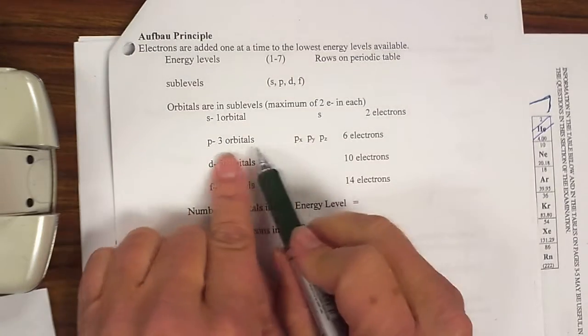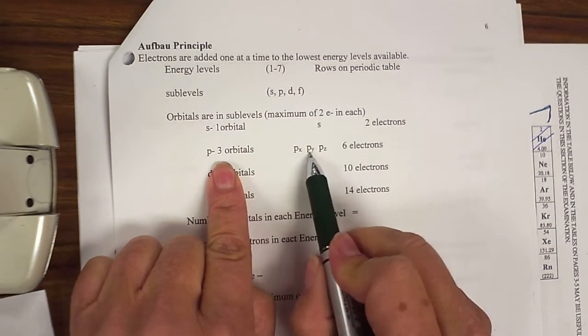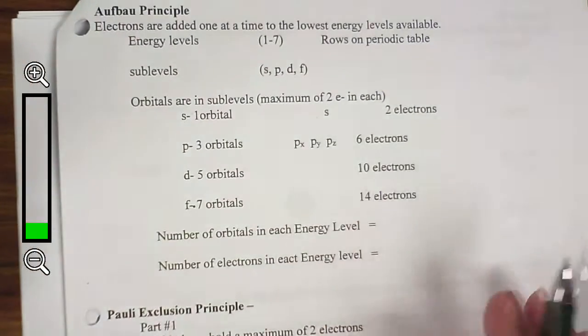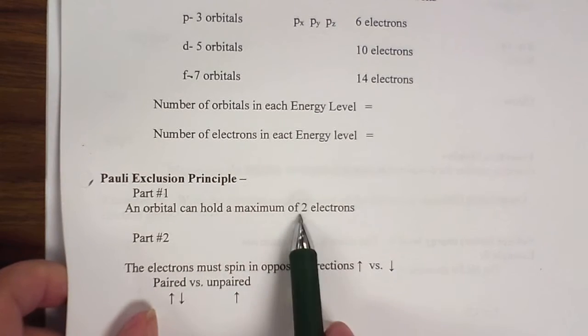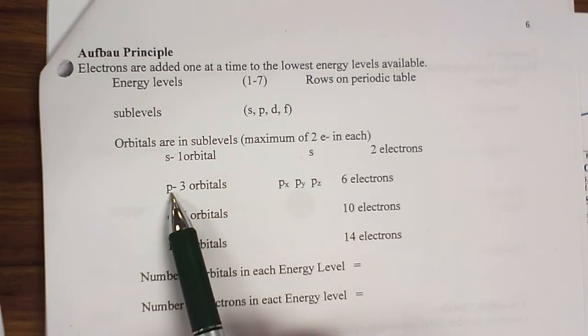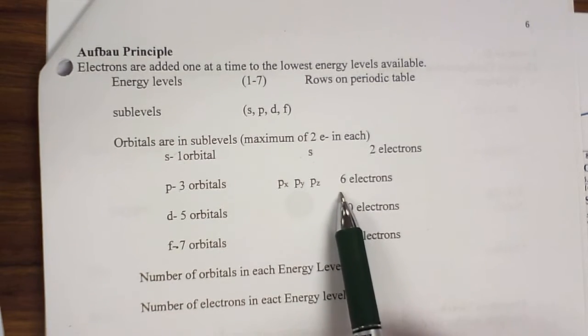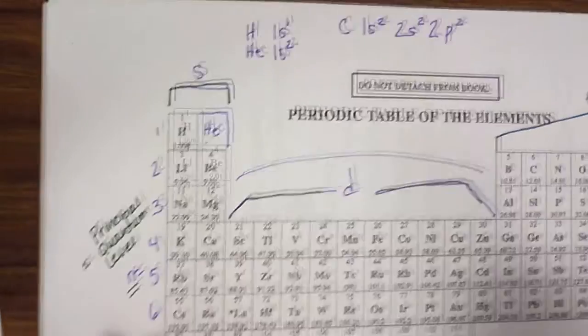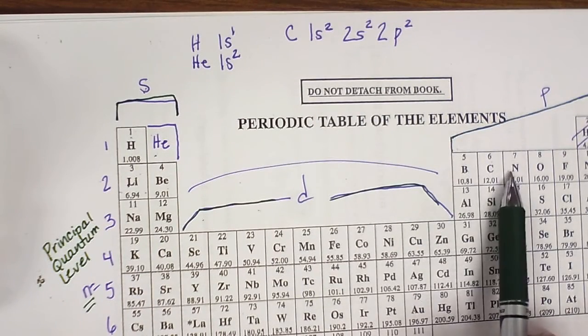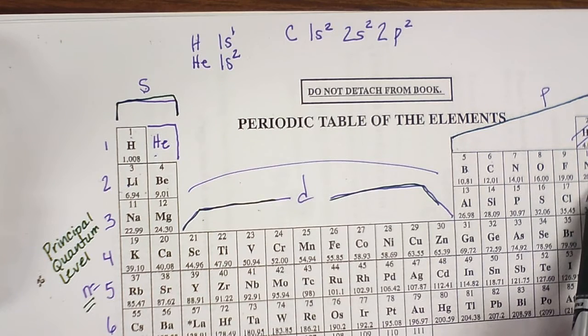So here it is, 3 orbitals, the px, the py, and the pz. Now each orbital, thank you, Pauly, each orbital holds 2 electrons. So therefore, your p sublevel holds 6 electrons. That's why your p umbrella is over 1, 2, 3, 4, 5, 6 electron spaces.